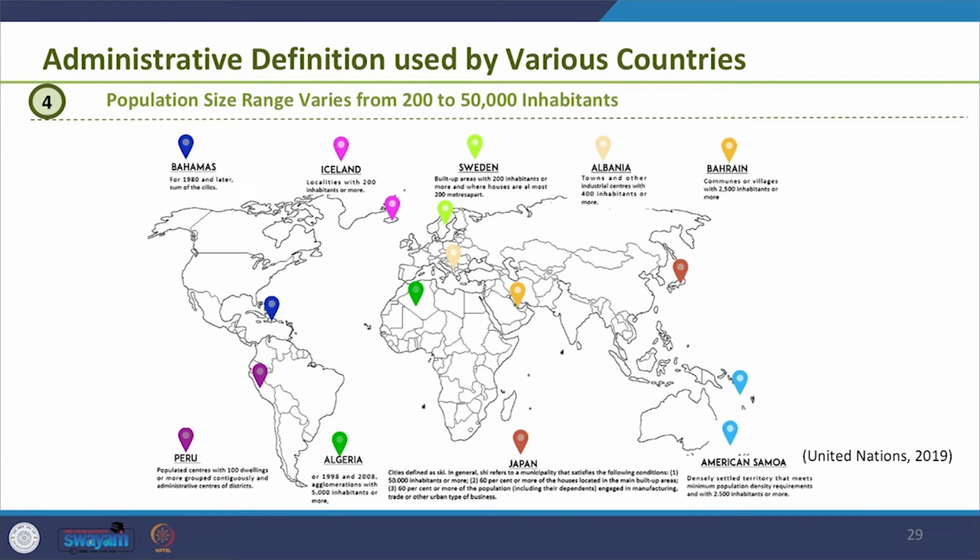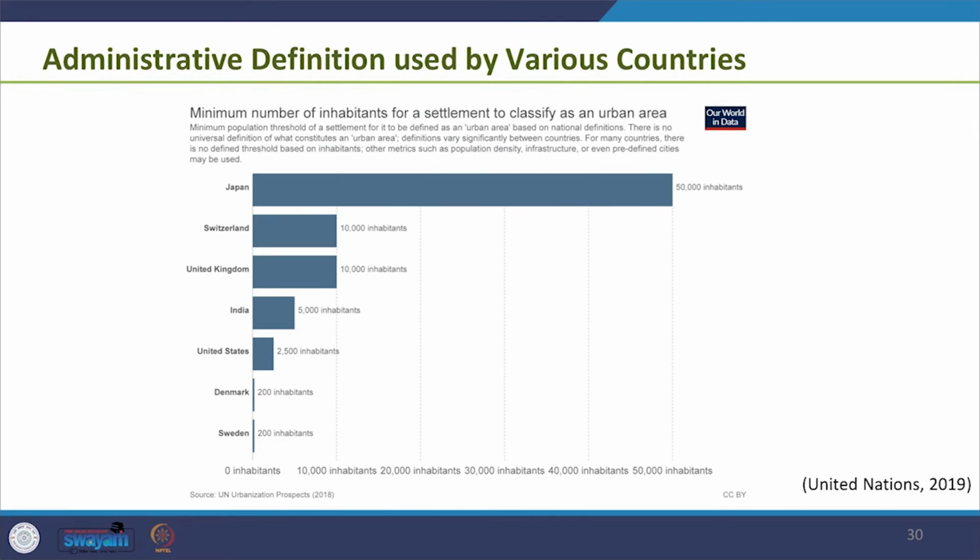So we see a lot of diversity in how every country identifies their urban places. Looking at the range, what we saw in the map, we can see here in the graph, that the range is from 200 to 50,000. So we are somewhere here, India. From 200 inhabitants to 50,000 inhabitants, that is how different countries identify their urban areas.